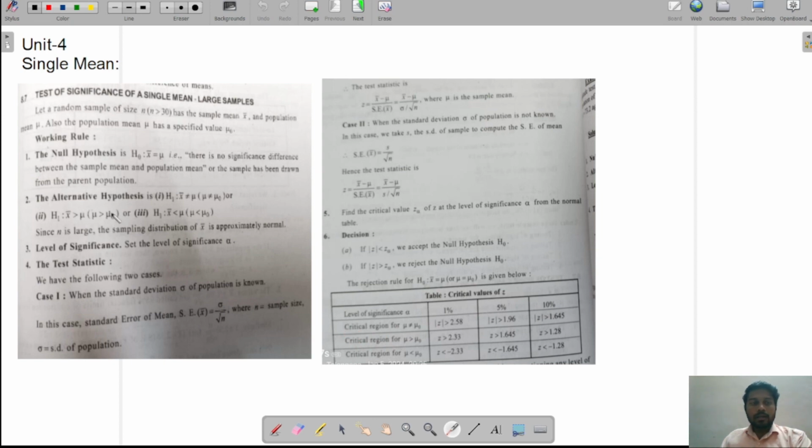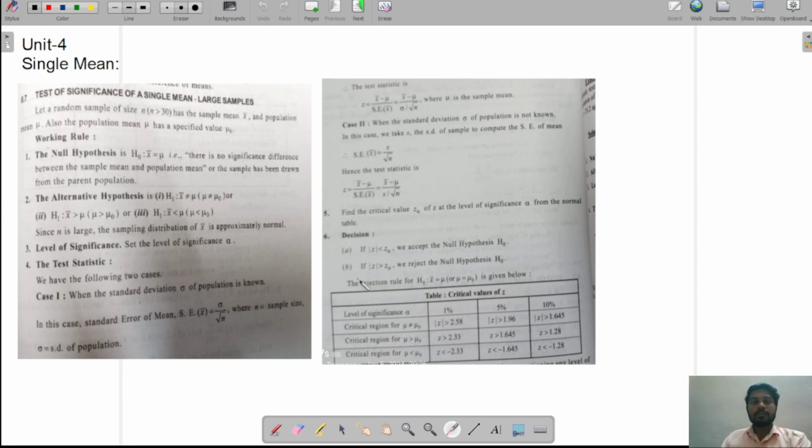When the alternative hypothesis is greater than, we use at 1% 2.33, at 5% 1.645, at 10% 1.28. When the critical region is x bar less than nu, we use minus 2.33, minus 1.645, and minus 1.28. So this is the working rule of the single mean.